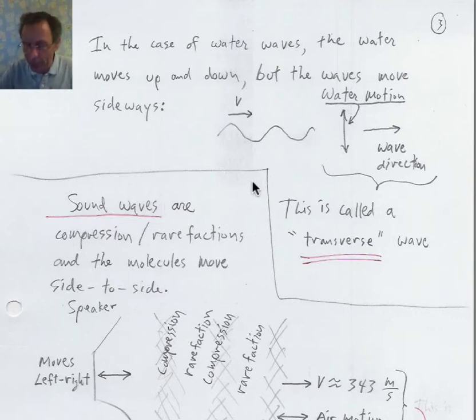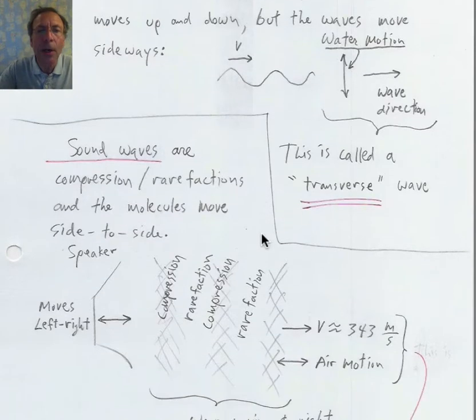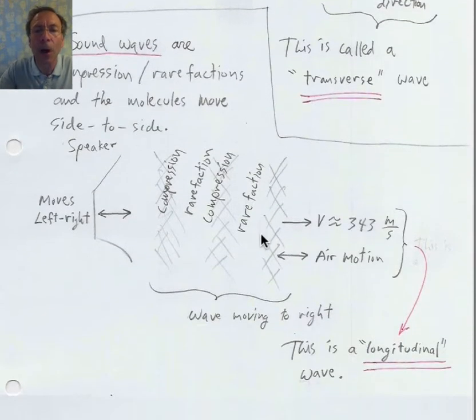On the other hand, sound waves are called longitudinal waves. You see, in longitudinal waves, the waves are moving to the right, just like before, but the air is not going up and down. The air doesn't move in the transverse direction.